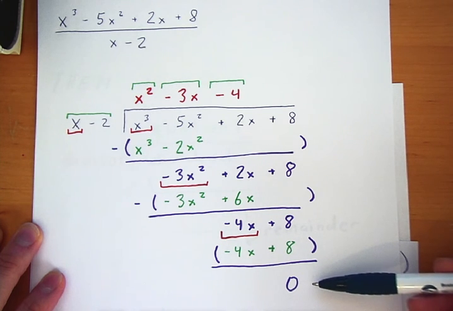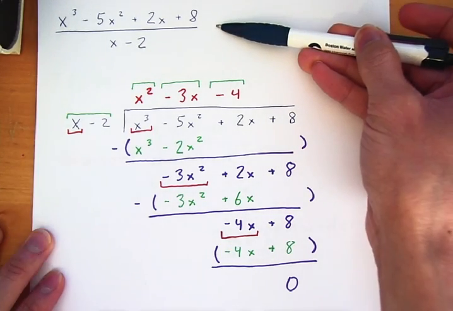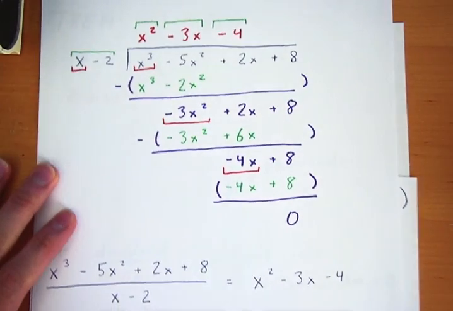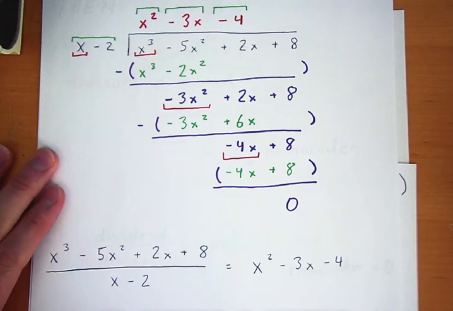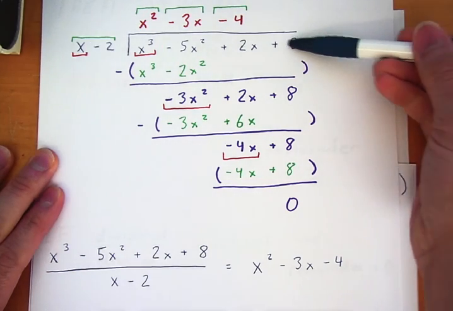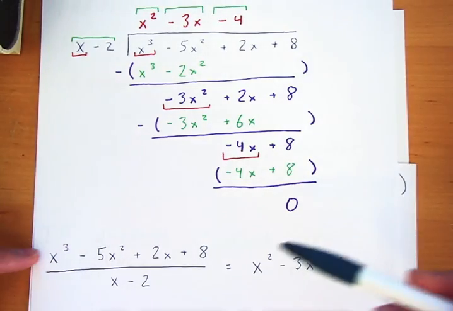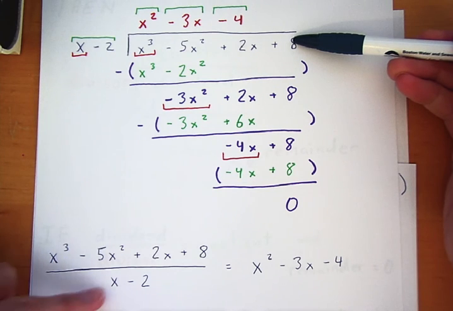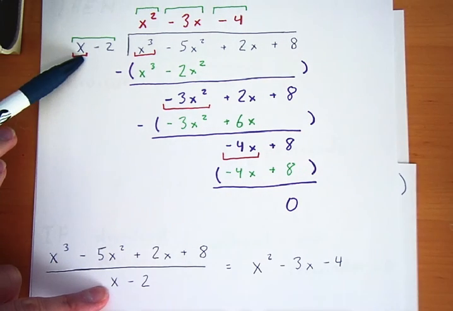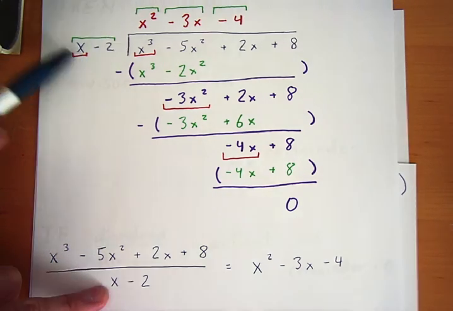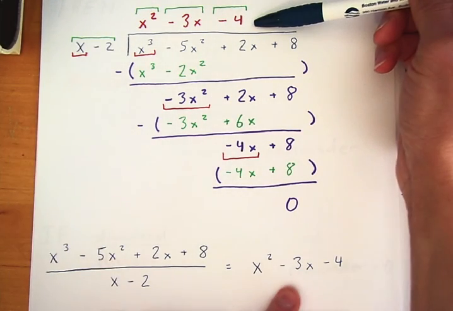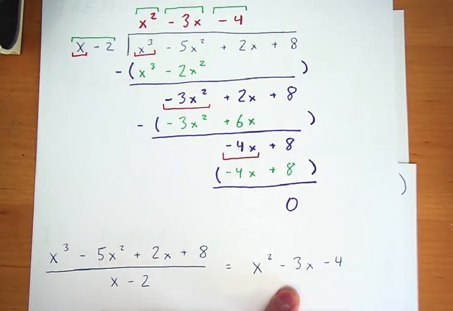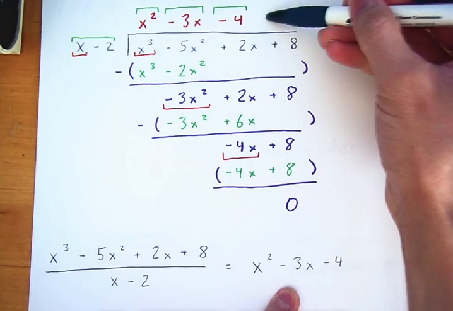So, the solution to this, or what this is equal to, the thing inside here divided by x minus 2 will equal this thing up here. And because there's no remainder, I didn't write anything extra there.